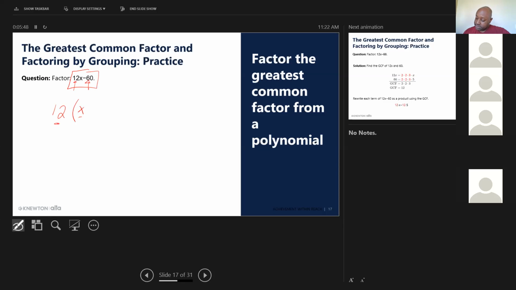Well, it's just x. Bring down the minus sign. And then 12 times what will give me 60? That's 5. So when I factor 12x minus 60, it's going to give me 12 times x minus 5.